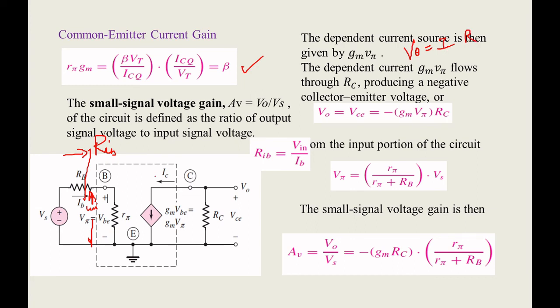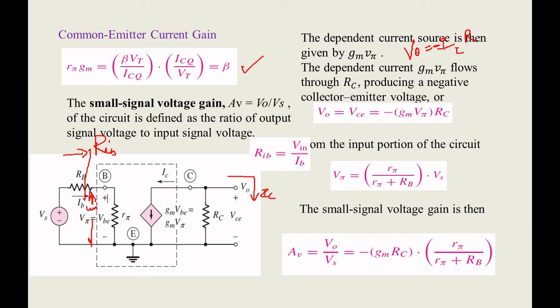In our case the output current is IC, and always remember the IC current and IL current will be opposite, so IL plus IC equals 0. The load current and the conventional current direction IC will be opposite. With this assumption, this minus is added in your equation. This minus only says that there is a phase shift between the input and output signal.